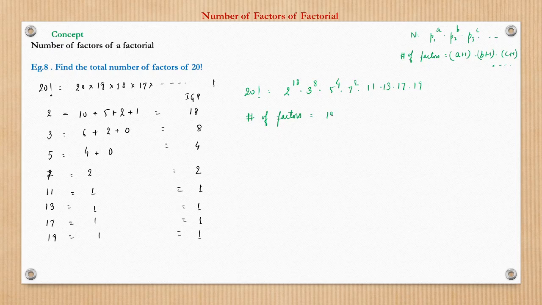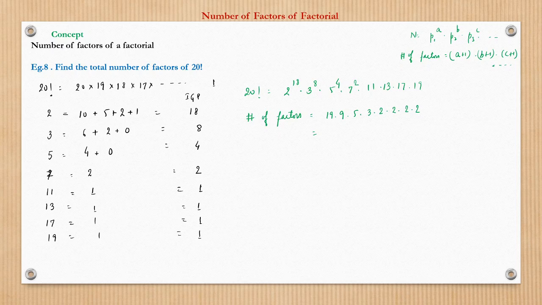So 18 plus 1 is 19, 8 plus 1 is 9, 4 plus 1 is 5, 2 plus 1 is 3, then 1 plus 1 is 2, 1 plus 1 is 2, 1 plus 1 is 2, and 1 plus 1 is 2. So this is what we get. So now this we will multiply to get the number of factors. Let me multiply on a calculator.